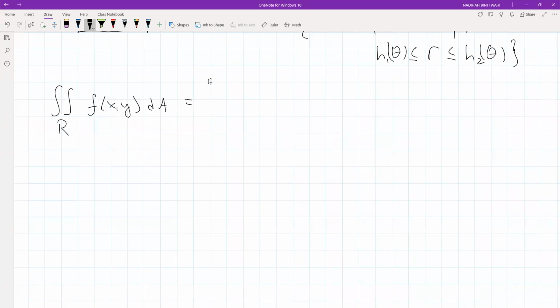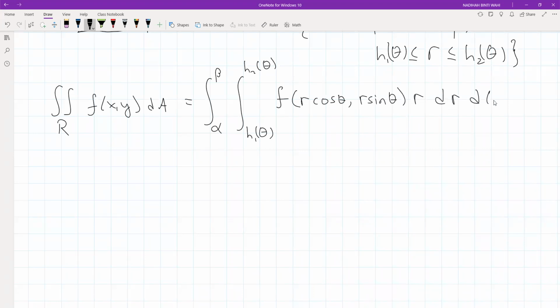This is the same as theta goes from alpha to beta, r goes from H1 of theta to H2 of theta, and f becomes f of r cosine theta, r sine theta, times r dr d theta.